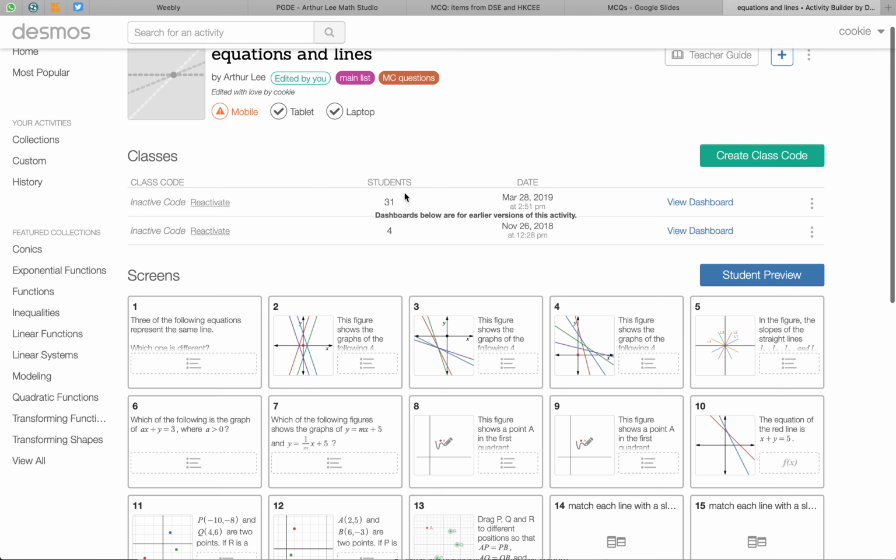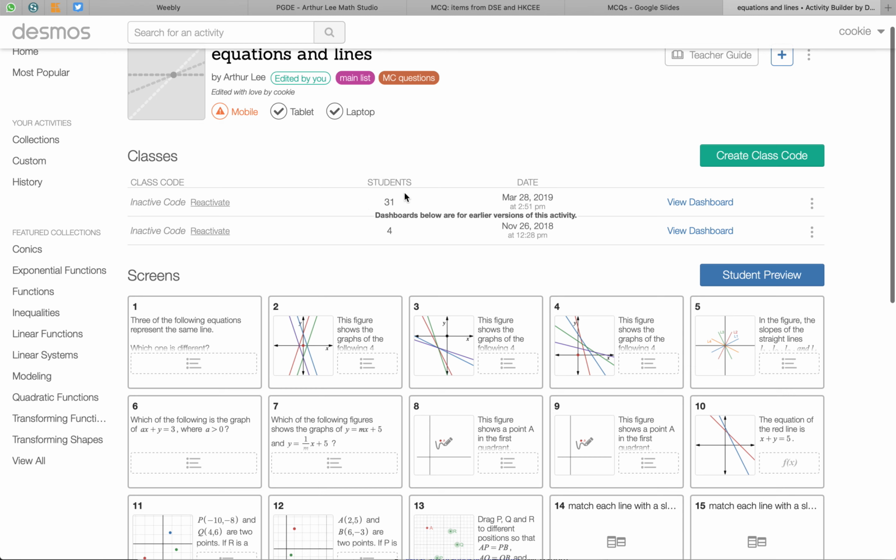These are collections of the students' work. So we can reactivate this activity. When you open the activity, the students can go to this website and enter this code. Just by putting in their name, they can already start working.